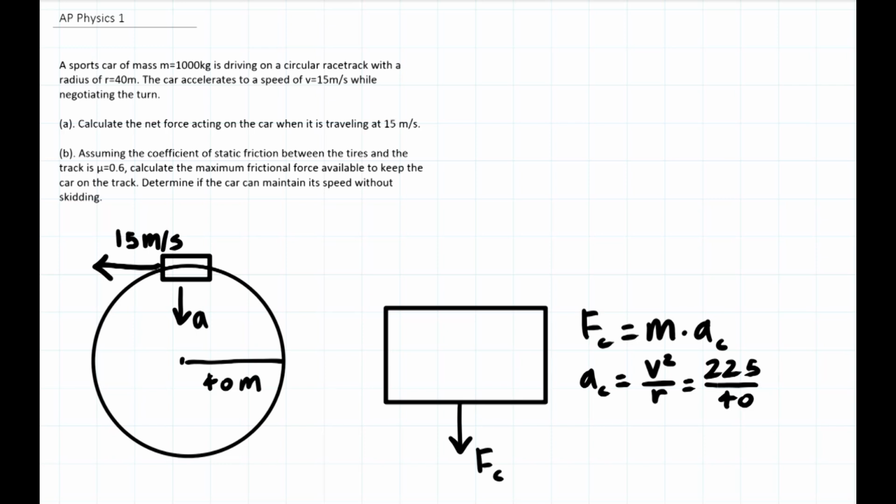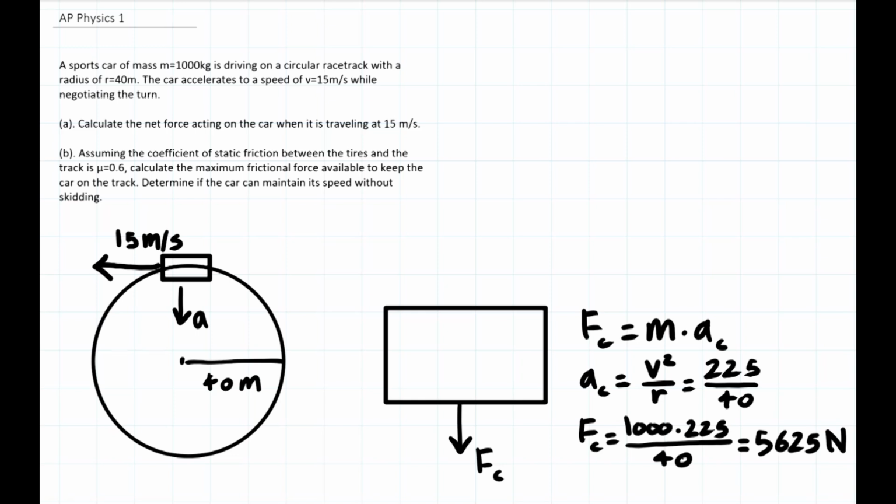And now we can actually solve for the centripetal force by plugging in our values. Centripetal force is equal to 1,000, which is our mass, times the acceleration, which is 225 over 40, and we can get an answer of 5,625 newtons, because force is in newtons.